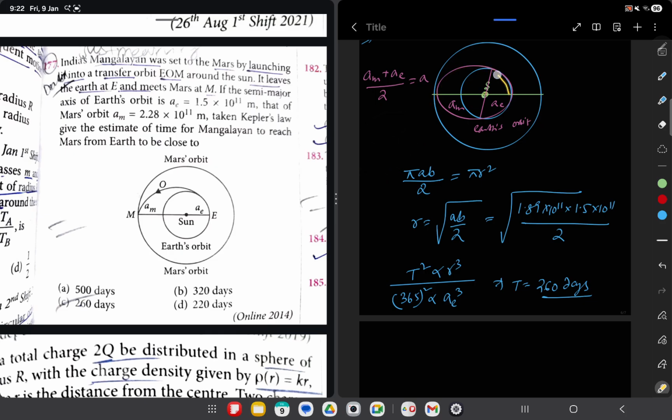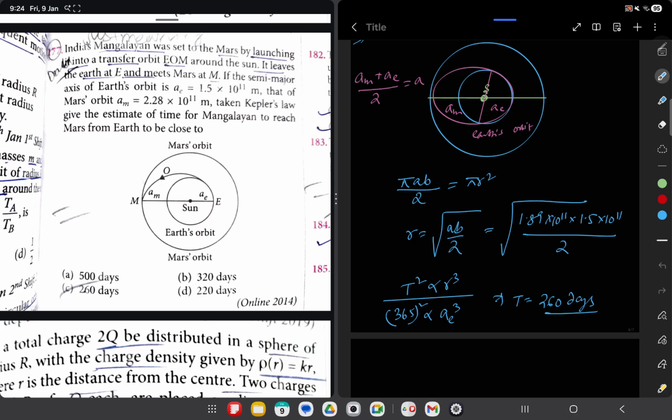So you need to convert this ellipse into some circle. If this ellipse has area pi AB by 2, let's assume there will be a circle whose area will be equal to this one, because the areal velocity is constant, that is pi r square. Then you are getting r, and just put the value of r, you will be getting the answer.